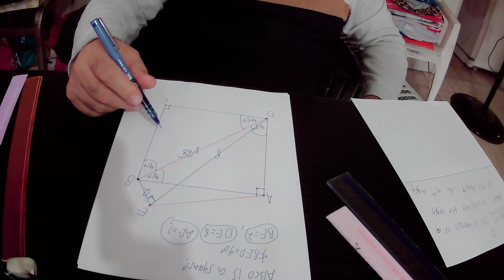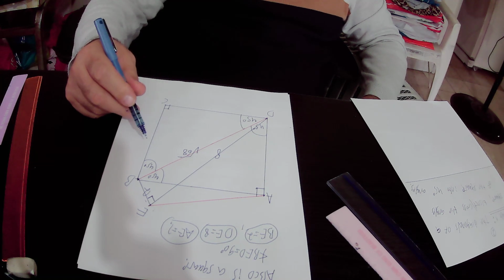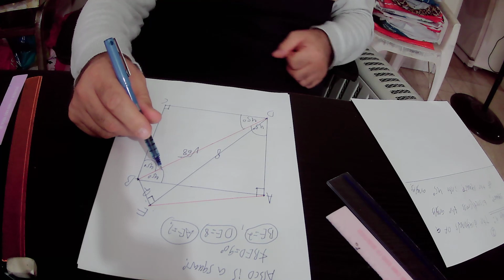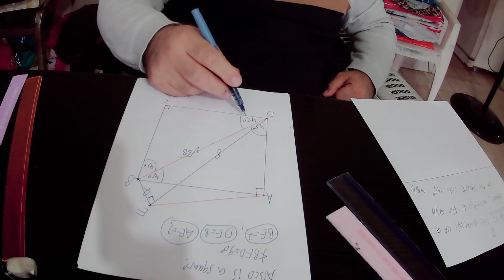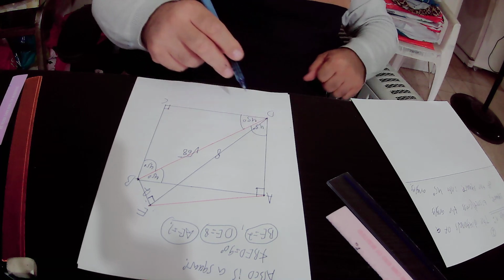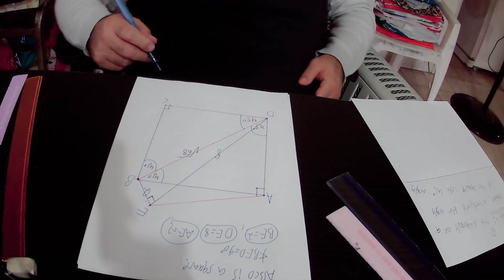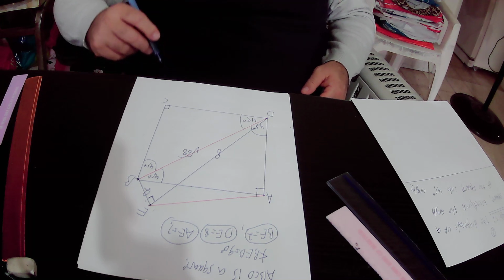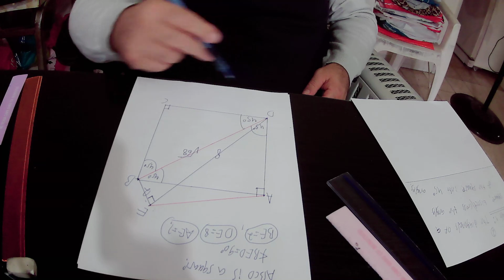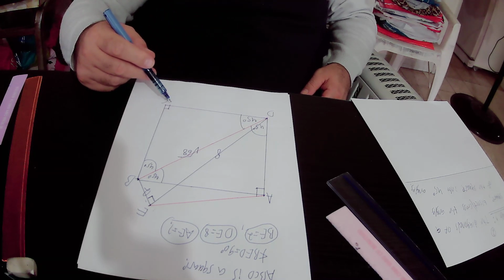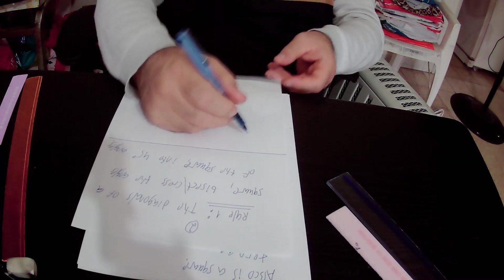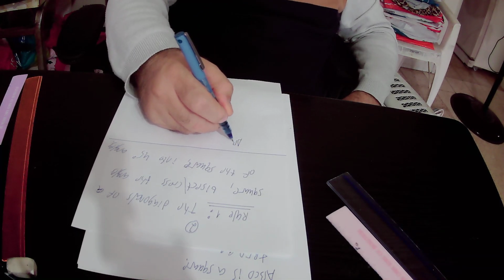The size of each angle equals 45 degrees. So this angle equals 45 degrees, and this angle also, and this angle, and this angle also equals 45 degrees. So actually triangle BCD is a right triangle because angle BCD is a right angle. So triangle BCD is a right triangle.